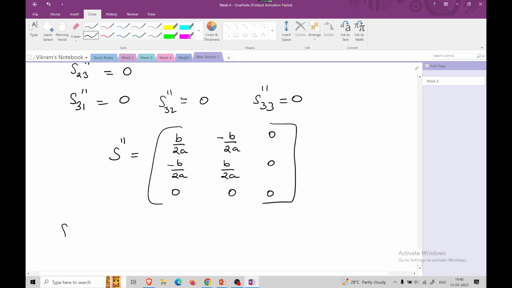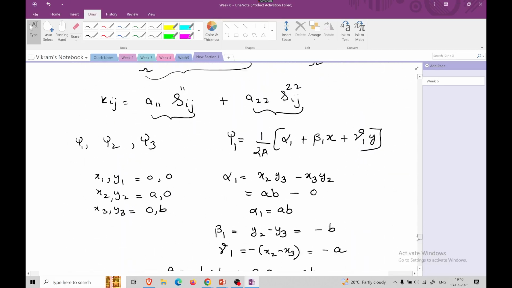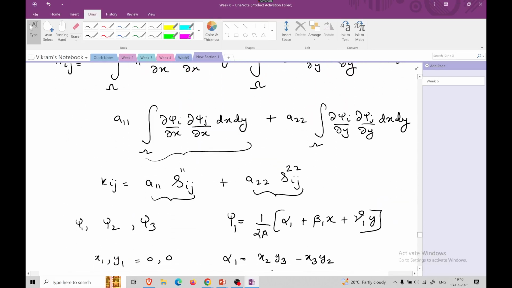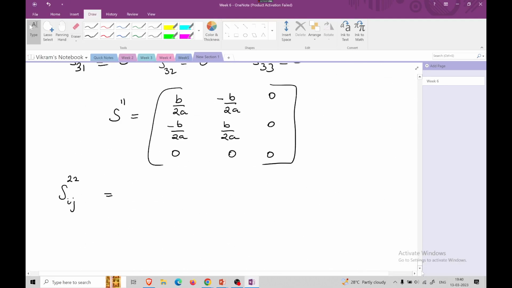So what is Sij of 2 2? We saw that there are two matrices, right? So this is Sij corresponding to this, and this is with respect to both y differentiation, Sij with respect to 2 2. So I can simply write, I'll quickly write it.